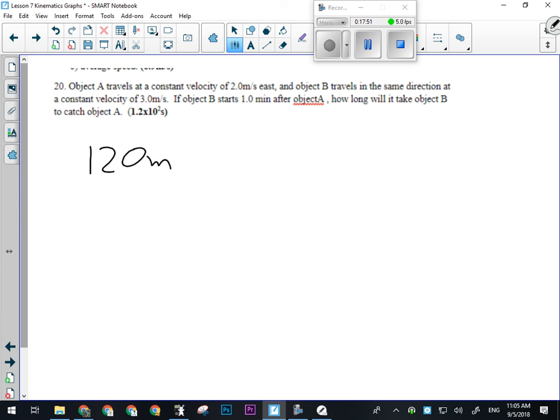It takes 120 seconds because it's going to gain 1 meter every second, and it has to gain 120 meters. Right? So it's not really a V equals D over T question per se. It's more of a, I have to visualize this in my mind to kind of work it out kind of question. Okay. All right, let's talk about significant digits here now.